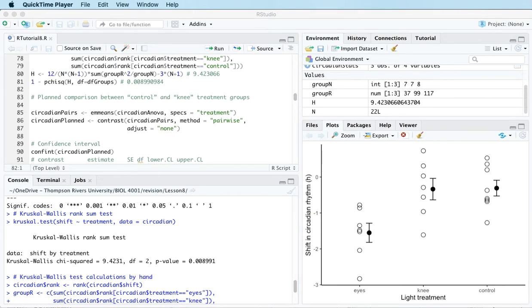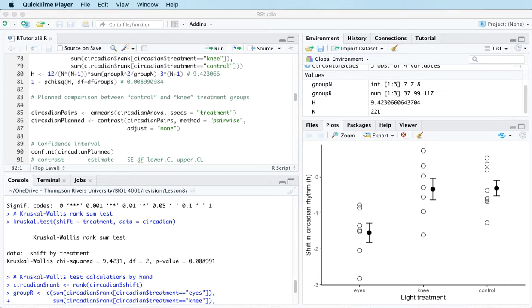In the last couple of videos, we've looked at analysis of variance and the Kruskal-Wallis test to compare the means or the medians for 3 or more treatment groups. And we ended up concluding for the circadian rhythm experiment, when we did the analysis of variance F-test, that at least one treatment mean was different from the others.